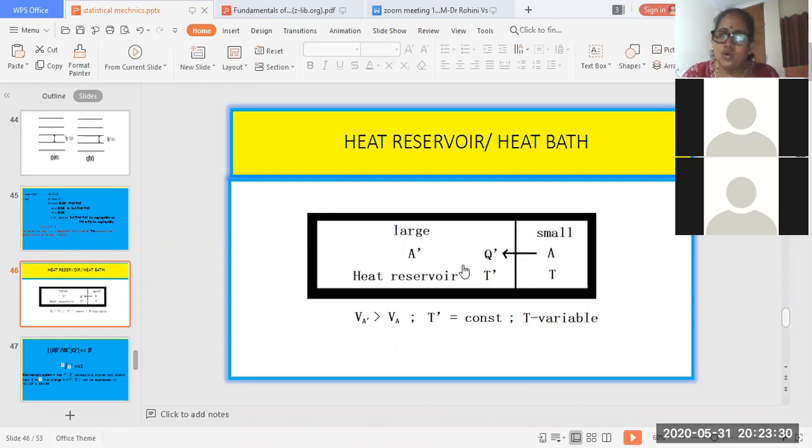But here the condition is that the temperature of this is so high that whatever amount of heat it gives to the small system or takes from the small system, the change in the heat content of the system is almost zero. That is, Q dash always remains almost constant and T dash almost remains constant. You see here T dash is constant and T is a variable. Because this is very small, variations we can see; this is very large, so variation cannot be seen.